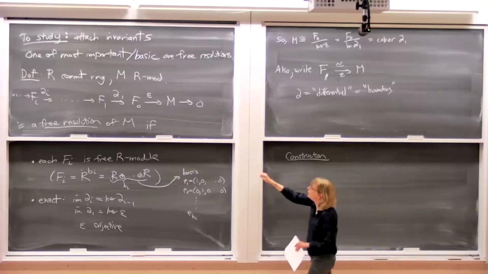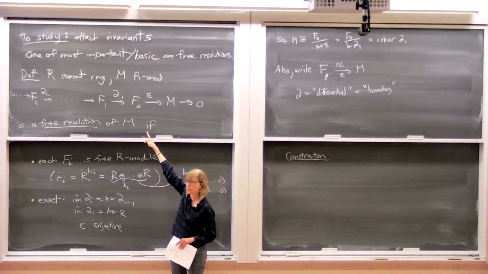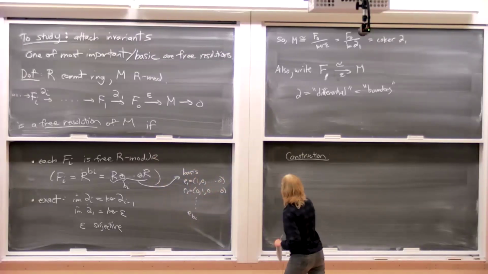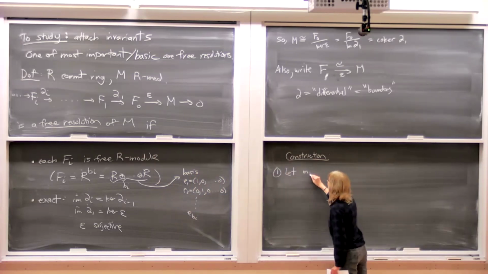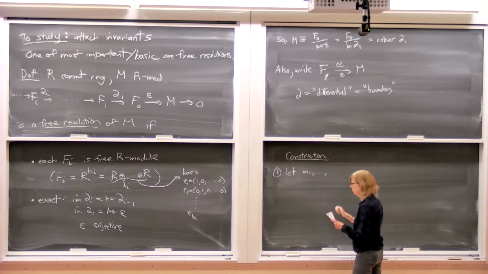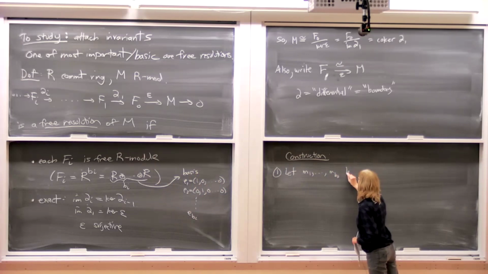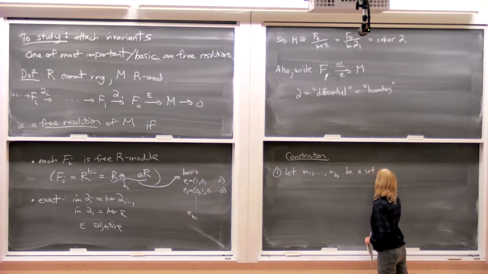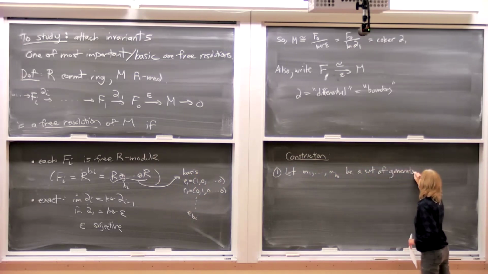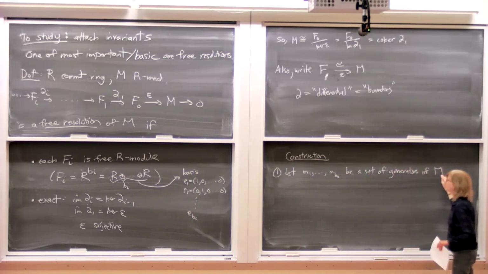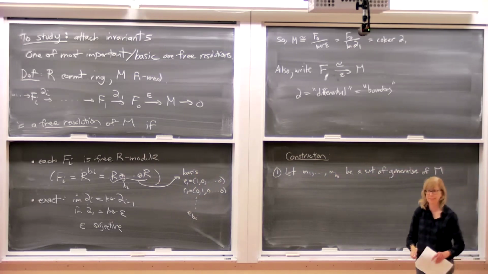You start at the right end and you start looking for an F0 to map onto M. So step 1, choose generators. Let M1 up to M B0, whatever number that is, be a set of generators of M as an R module.